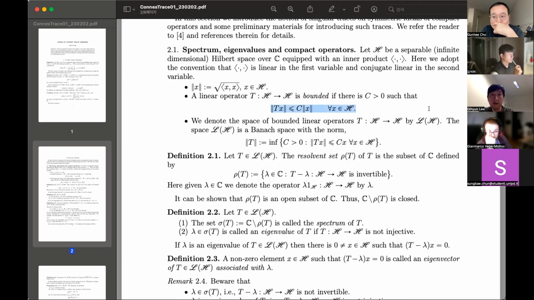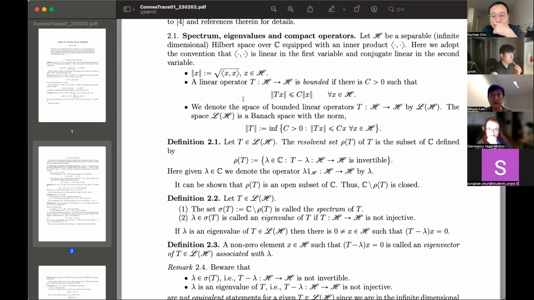And using this estimate, the smallest constant satisfying this estimate can be used to define the norm on the space of bounded linear operators between these Hilbert spaces.